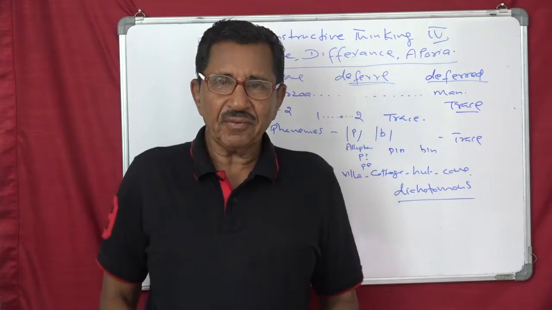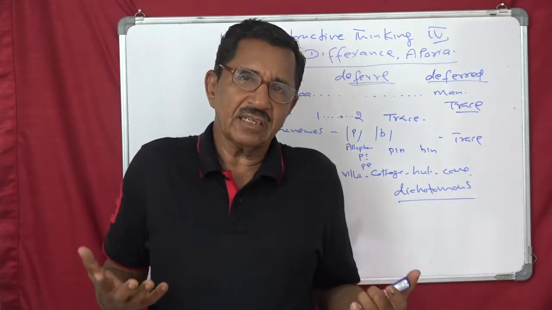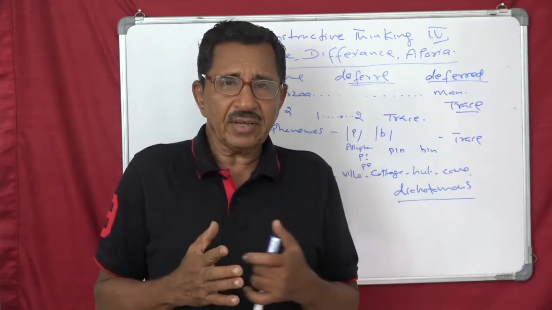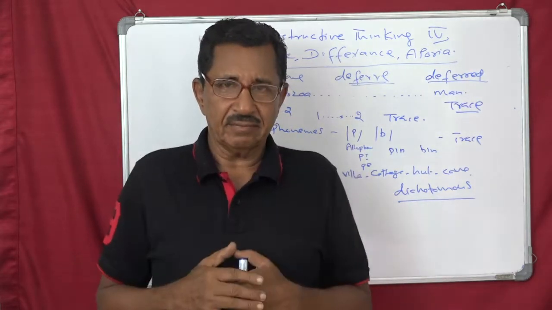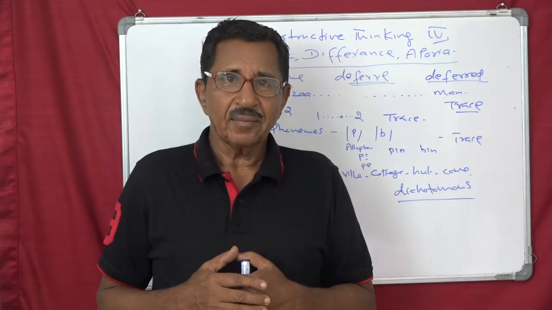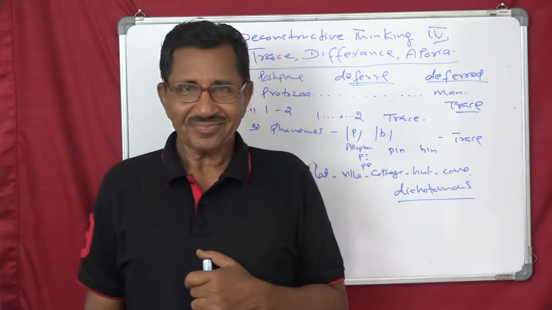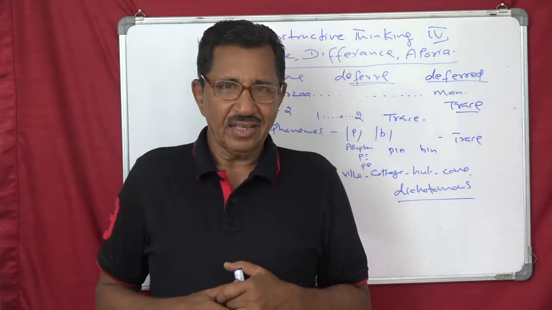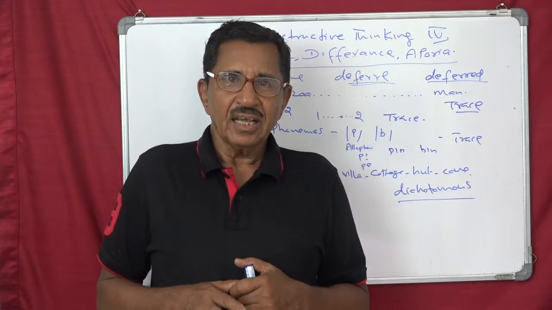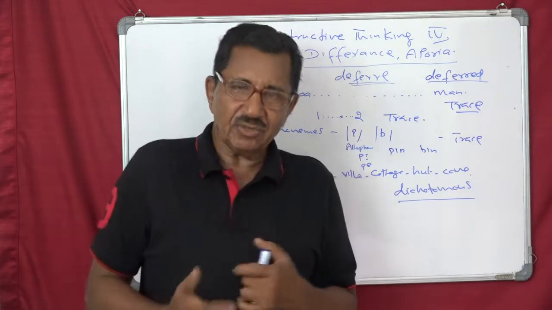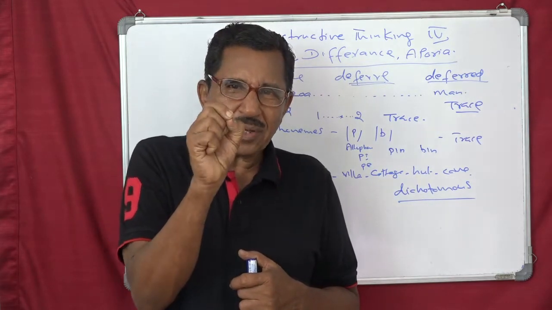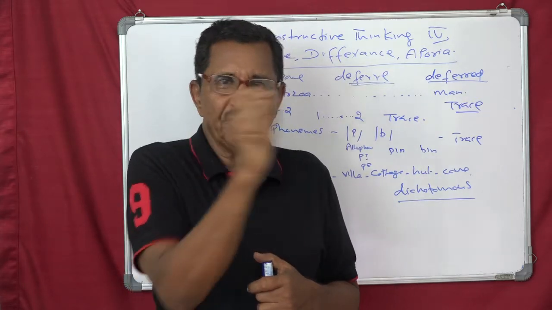Understand? Therefore you cannot reach, or in other words, no signifier has a fixed signified. Why? Because of the trace. Because of this situation, a small part of the signified is deferred.